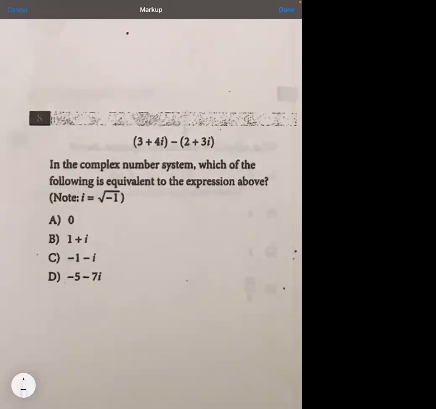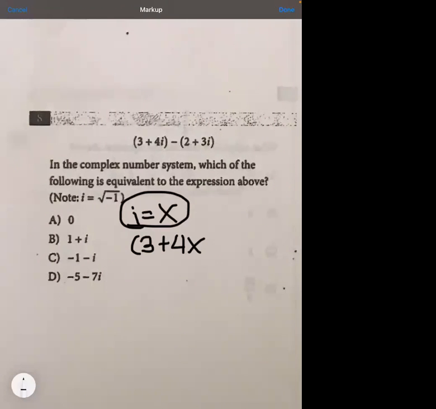So you can replace i with x, so 3 plus 4x, because i is like an unknown. I, in this case, is an imaginary number.